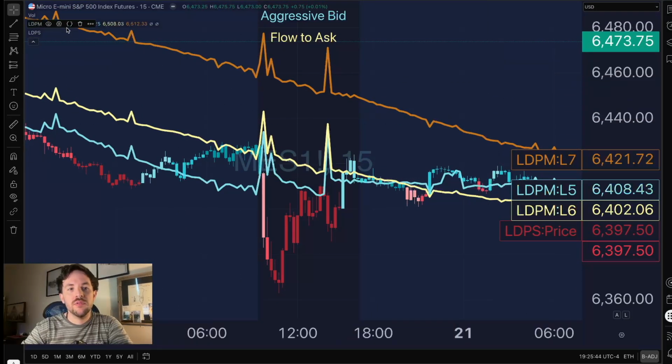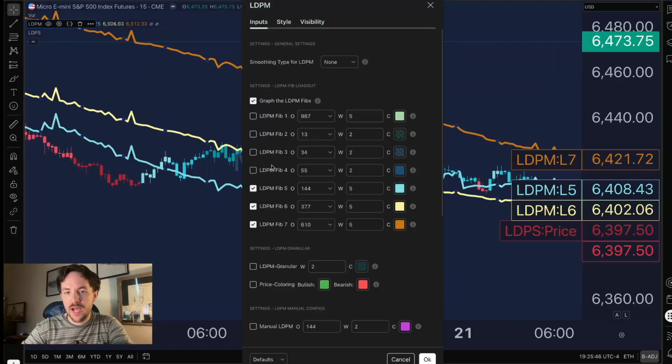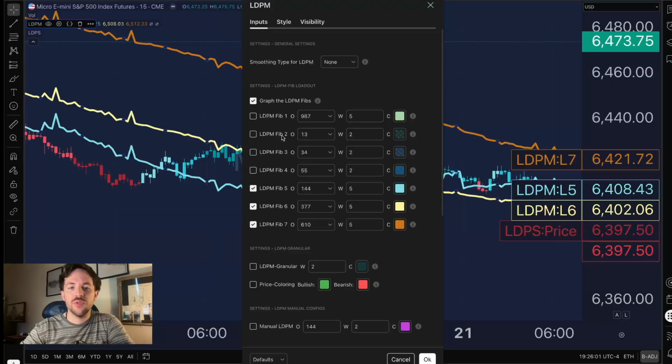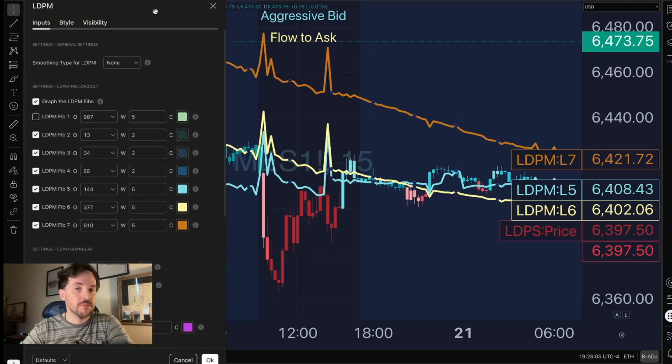As I've said in the other videos, my default loadout is LDPM 5, 6, and 7, with 144, 377, and 610 being the 5, 6, and 7. These, I think, give a really nice overview of the behavior without the hyper-reactivity of the lower order LDPMs, although some prefer those lower order LDPMs.